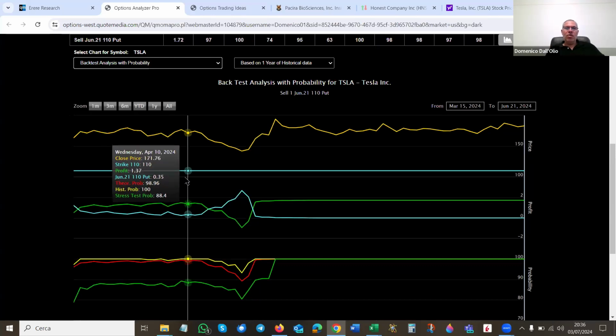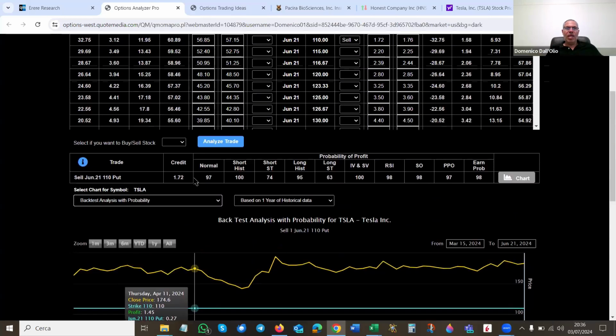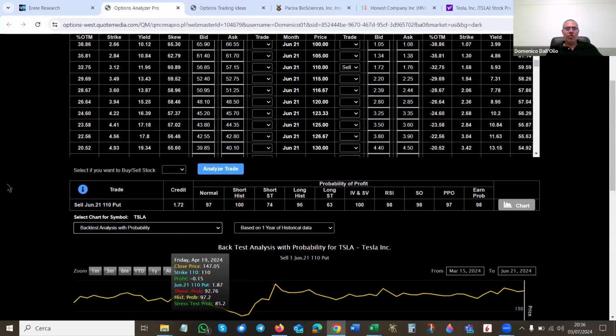So this helps you find the best management policies for your trades. And this is a very, very interesting function.